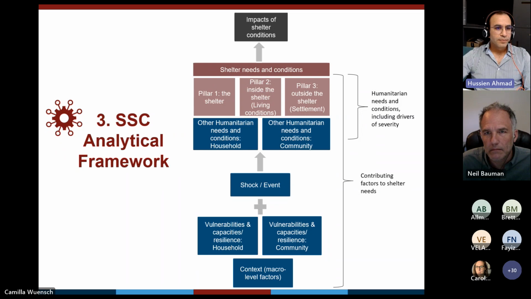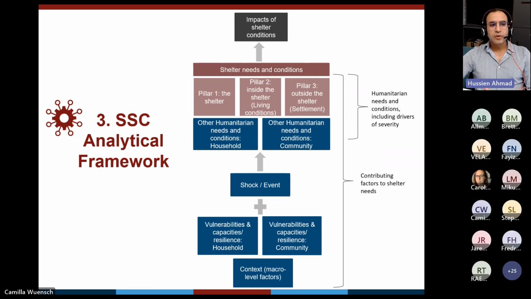Thanks, Neil. Here we'll present a little bit of the structure of this framework, and as you can see, we have three colors here: the blue, the reddish, and the gray on the top, and it is divided into these three main components.